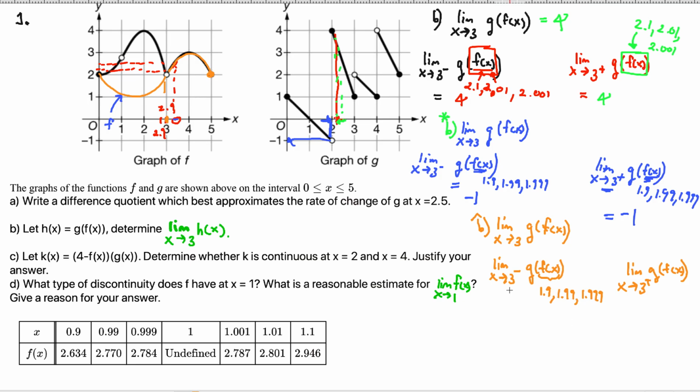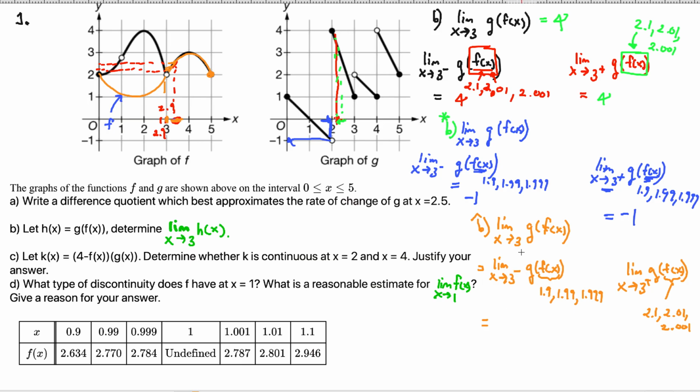And that's fine, and then we can see what happens. But if we look over here from the right of 3, f is getting closer and closer to 2 again, but from above 2. So these values on the inside are going to be like 2.1, 2.01, and so forth, 2.001. Okay, and those are the inner values.